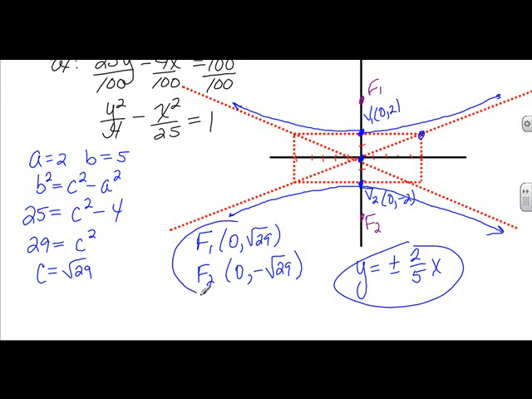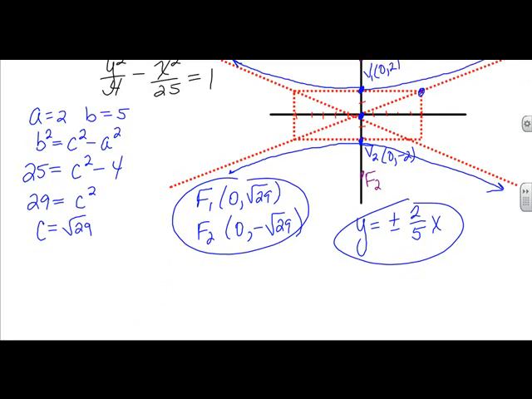You also are going to need to be able to, if you're given some information about a hyperbola, write the equation for it and sketch the graph. So suppose we know we have vertices of plus and minus 1 comma 0 and a hyperbola that goes through the point 5/3, 8.